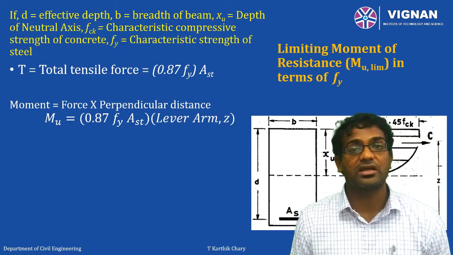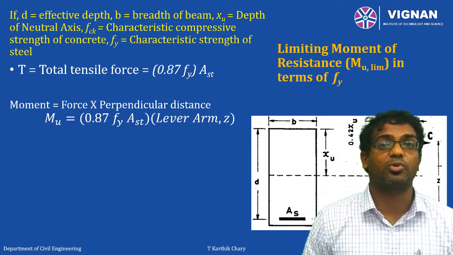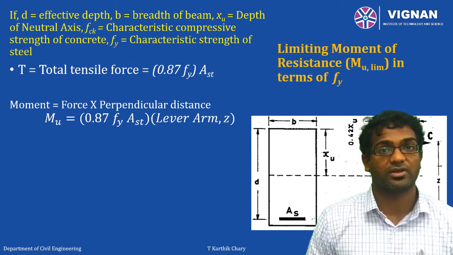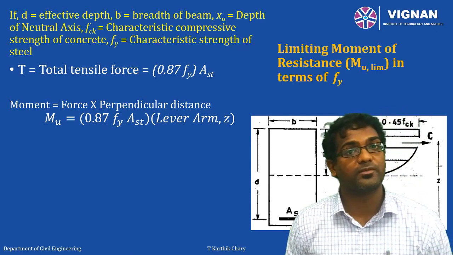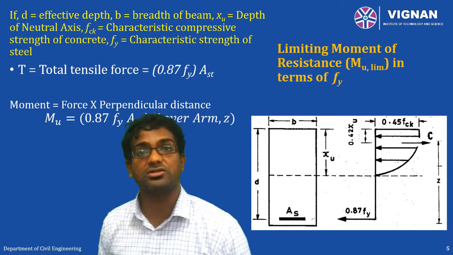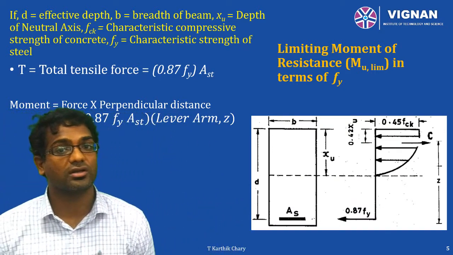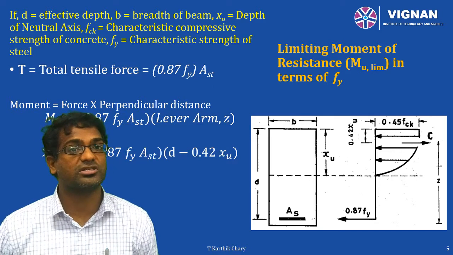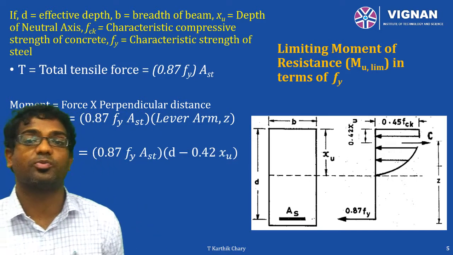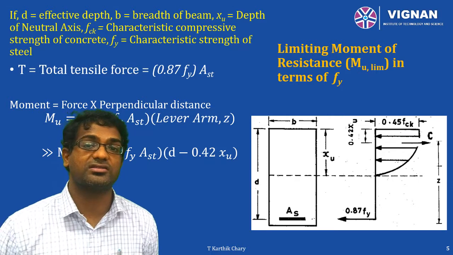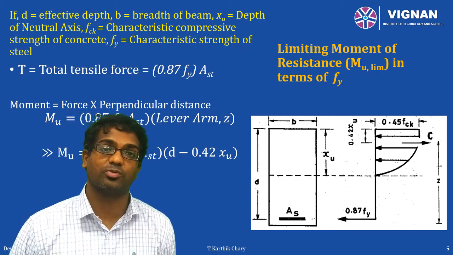Lever arm is d minus 0.42 xu from the figure. So if you substitute d minus 0.42 xu in this equation, it becomes 0.87 fy Ast into (d minus 0.42 xu).